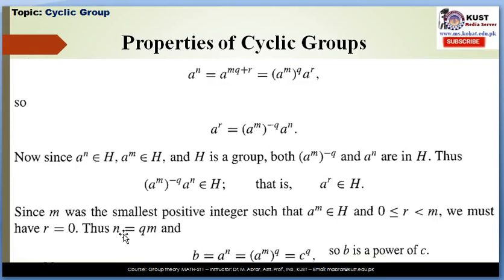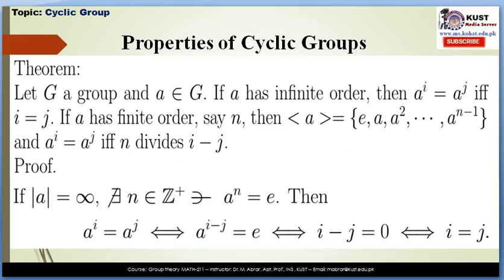In that case this n would be qm, and we can write this b as a^m raised to q, so it means this b is actually written as a power of a^m, and then we are done.